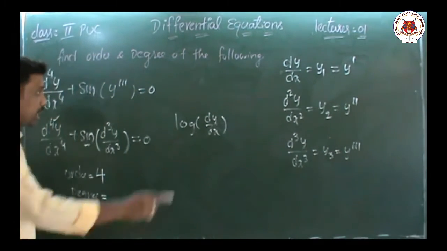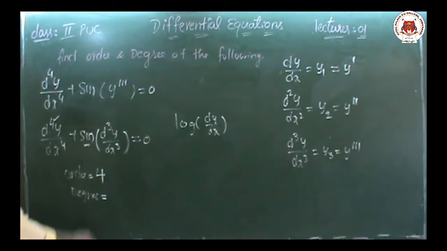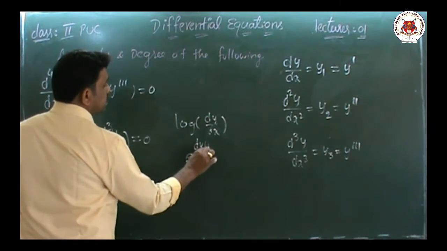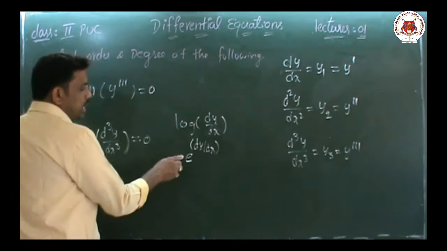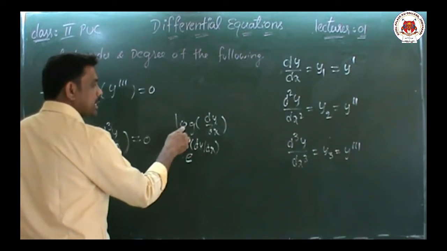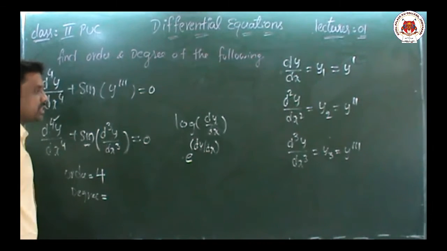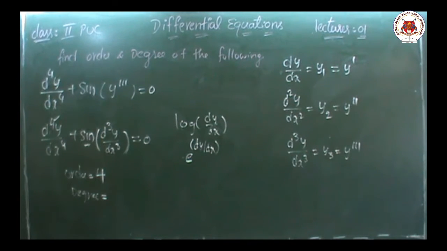Any logarithmic function having differentiation, or any trigonometric function having differentiation, or an exponential, e power, having differentiation, then the degree is not defined. But the order we can define, while degree is not defined.